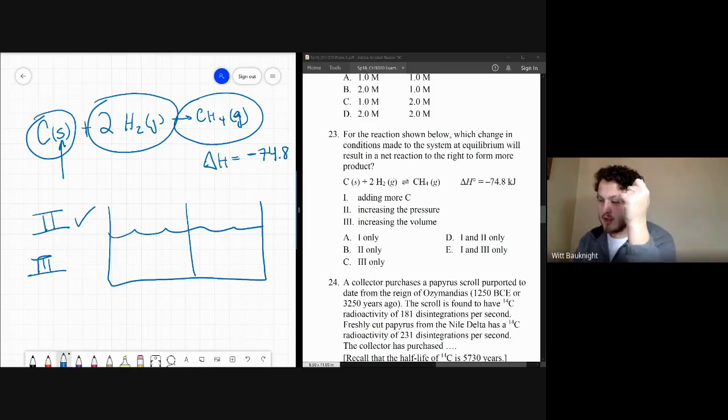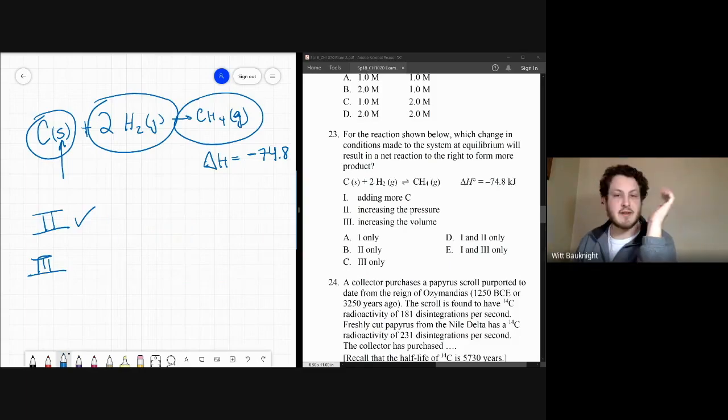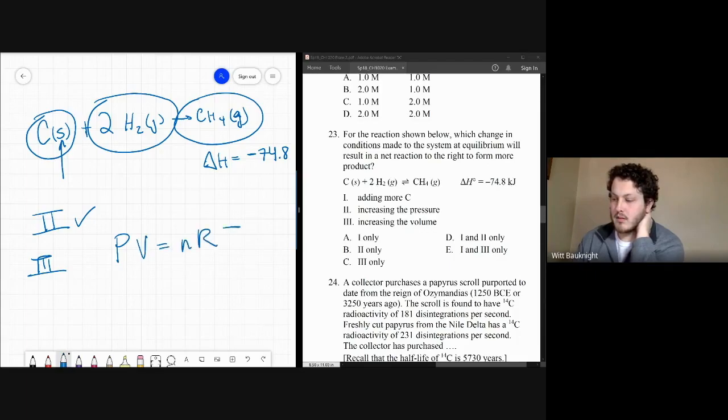increasing the volume, which is the opposite of increasing the pressure. We know that from the ideal gas law. Pretty much, if pressure goes up, volume comes down, they're inversely related. So their effects are going to be opposite.